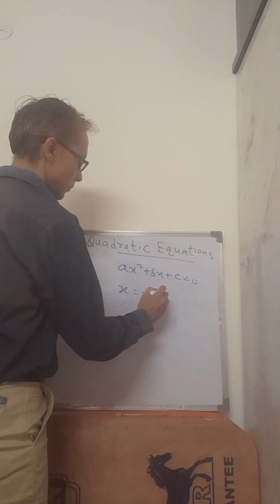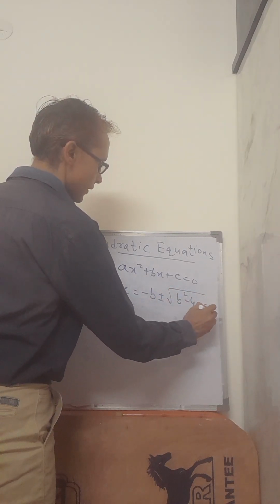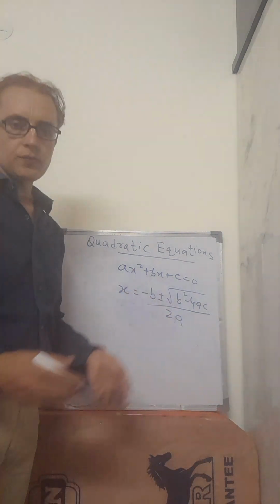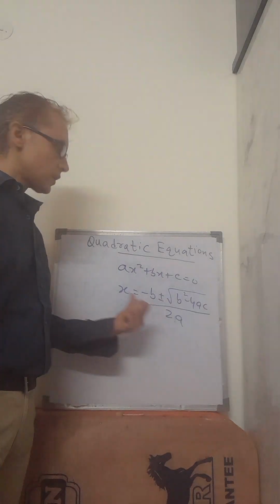You know this formula, minus b plus minus root of b square minus 4ac by 2a, right? How we got this formula? We will see the proof also in a further class. But these are the two values of x.